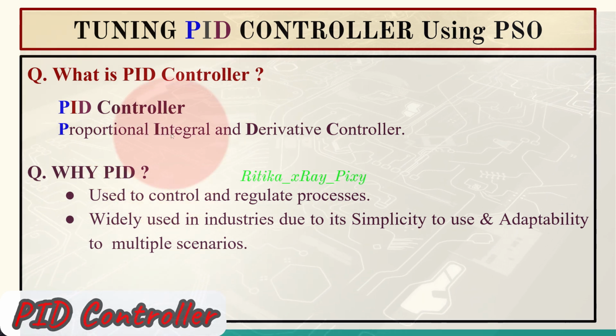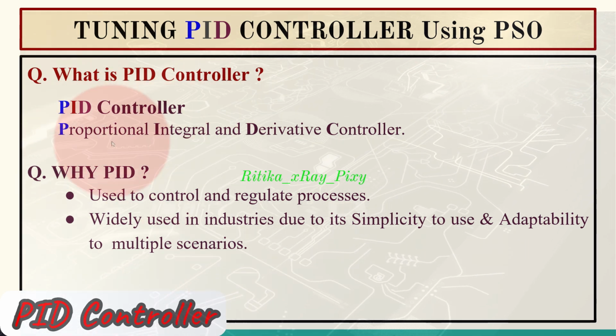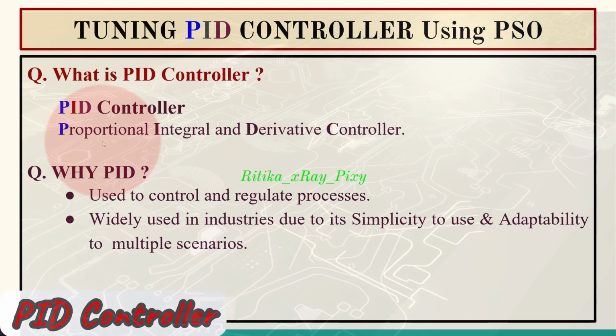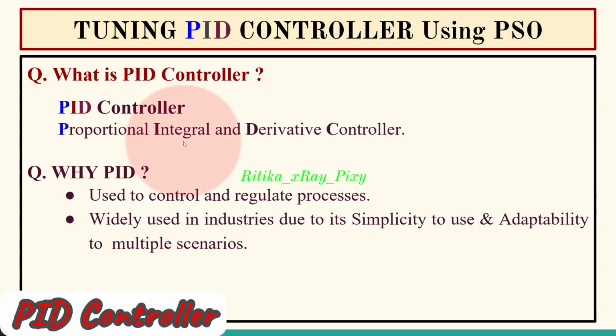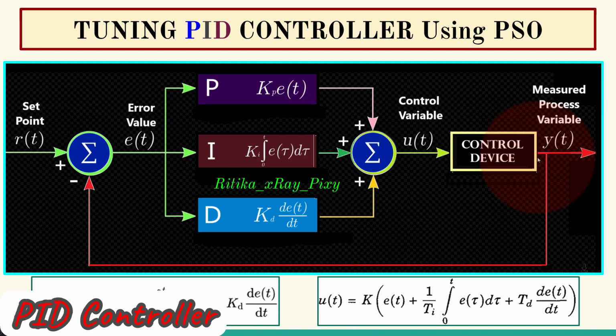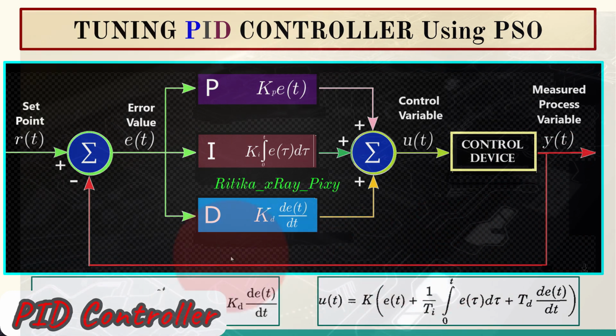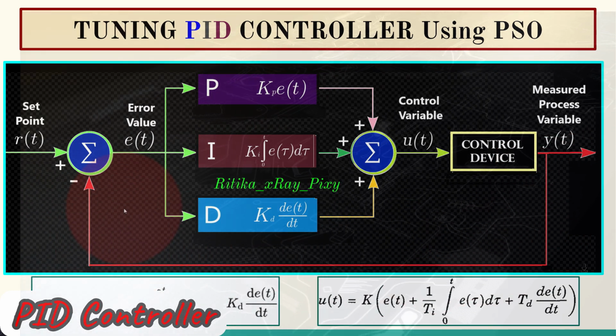Here you can see the PID controller. It stands for P, that is proportional, I, that is integral, D, that is derivative. PID controllers are widely used to regulate processes and maintain a desired set point. A PID controller is designed to force feedback to match a set point.